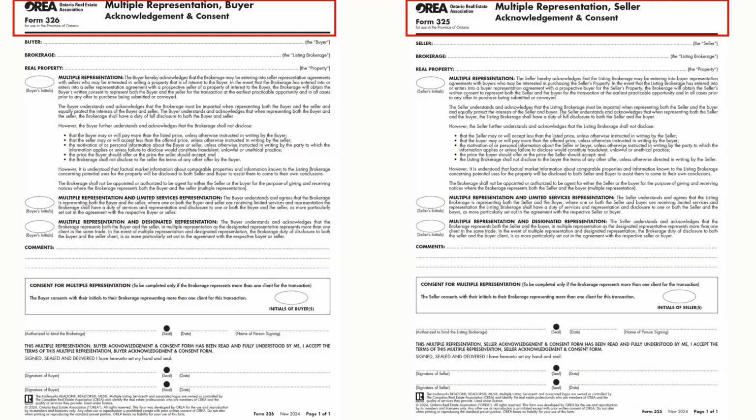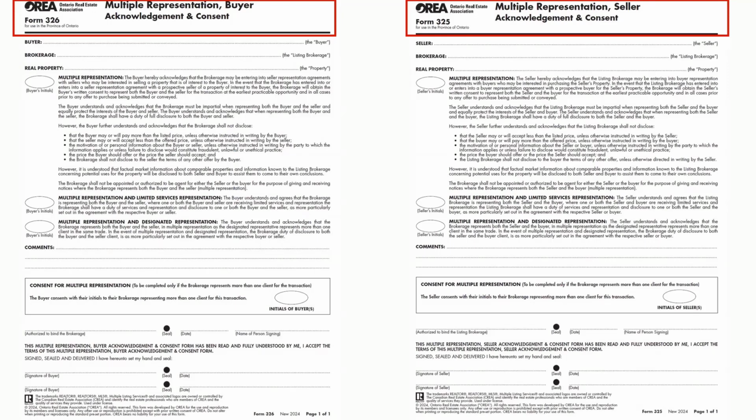The buyer further understands and acknowledges that the brokerage shall not disclose that the buyer may or will pay more than the listed price unless otherwise instructed in writing by the buyer. That the seller may or will accept less than the offered price unless otherwise instructed by the buyer. So it's just, again, setting the expectations, what this actually means.